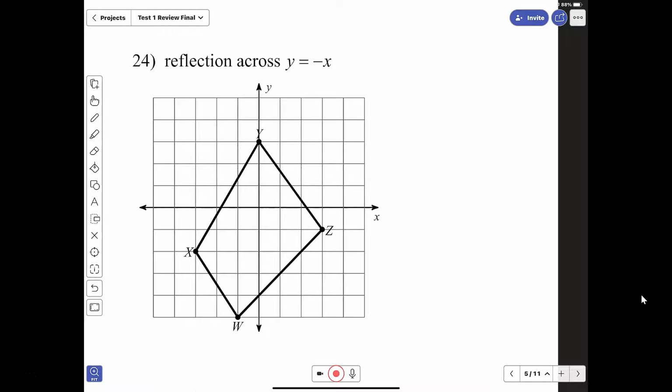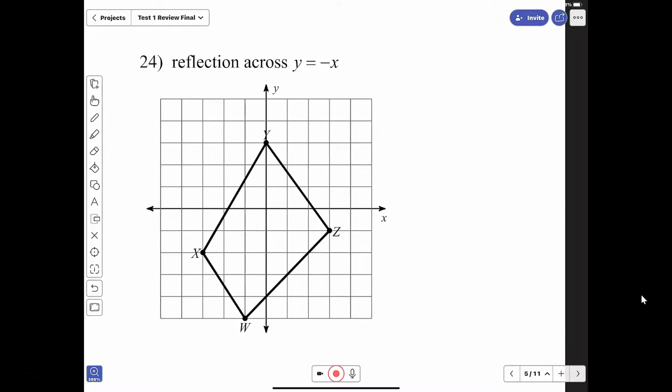So now we have y equals negative x, and you can find these rules on the handout that I've provided you. So the rule is x comma y will be, once again, y x, but you're going to have to change the signs.